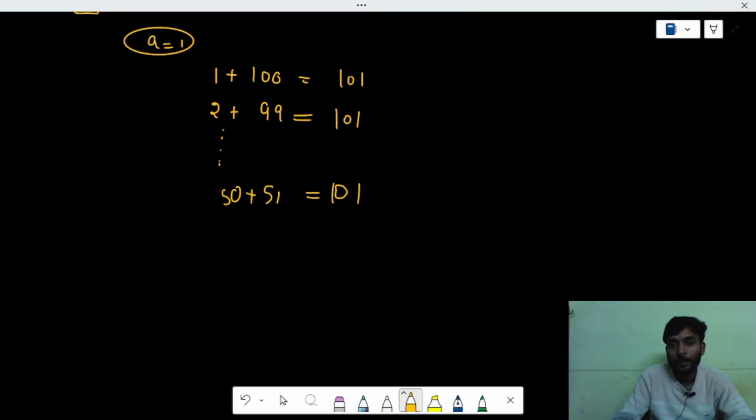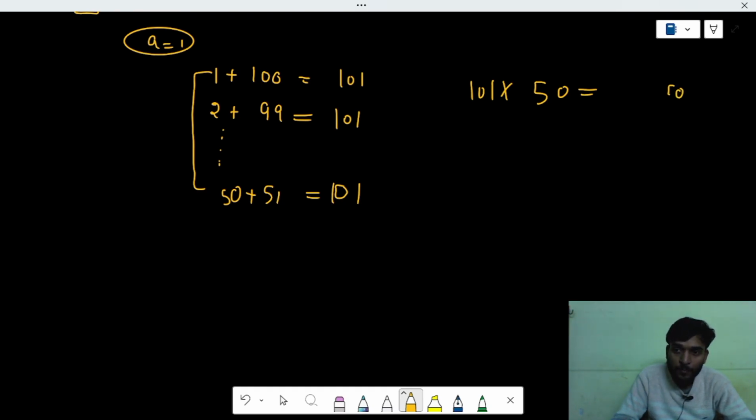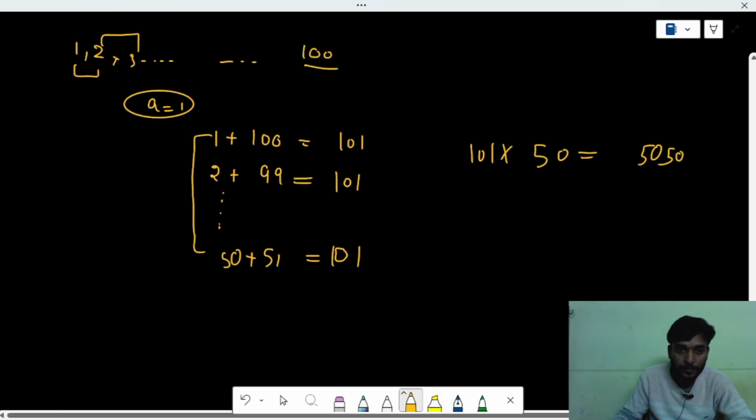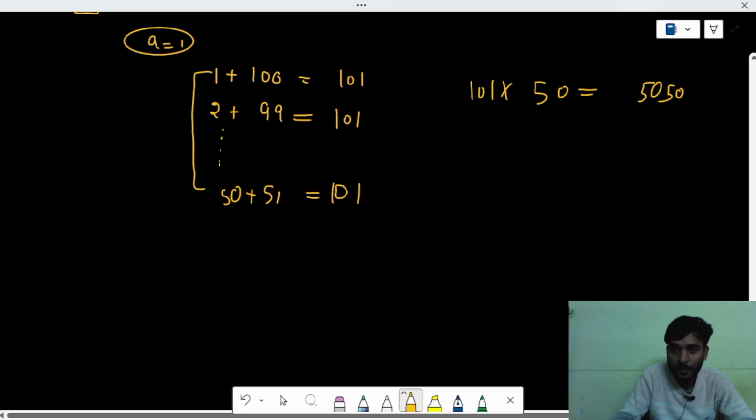The sum of the first 100 natural numbers is 101 times 50, since there are 50 such pairs. Then the answer is 5050. This is the sum of the first 100 natural numbers.